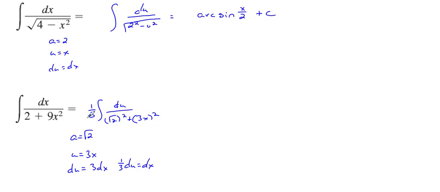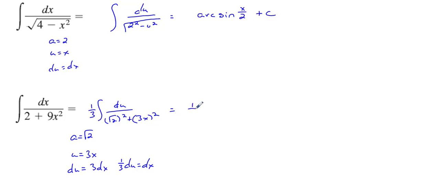Yeah, but you'd miss out on that 1/3. Okay, so this is a tangent one. Now we have to look back. What's arc tangent? Arc tangent is 1 over a arc tan u over a plus c.